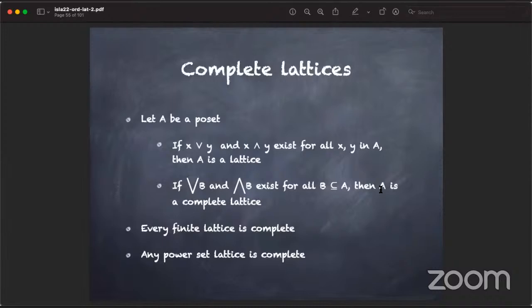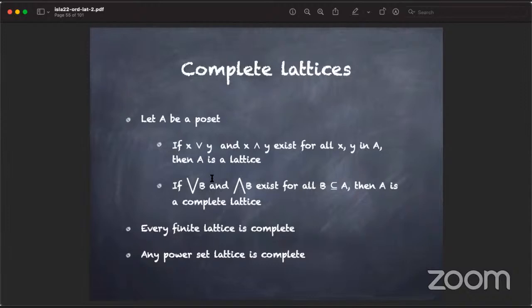Okay, so now we are ready to have a discussion on complete lattices. Till now, we had been discussing lattices and some interesting sublattices or interesting subsets of lattices. So let us now focus on complete lattices. Just to remind you, what is a complete lattice?